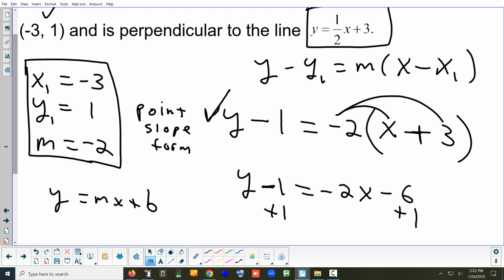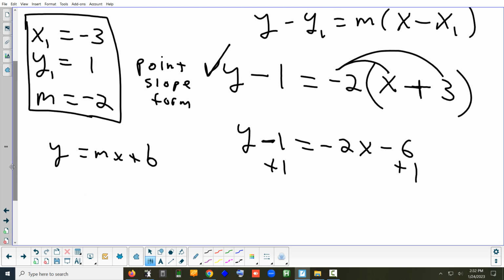So if they ask for y equals mx plus b, you just have to add the 1 to both sides. Yep. And now that gives you 0 for the negative 1 plus 1. And what's negative 6 plus 1? Yeah, negative 5. So both of these answers are correct.